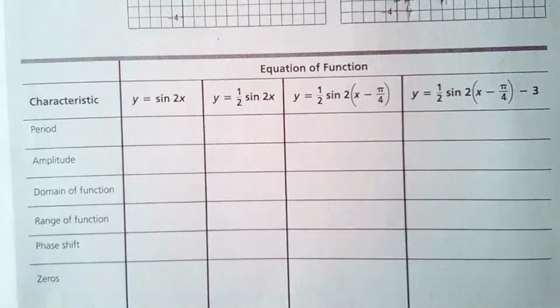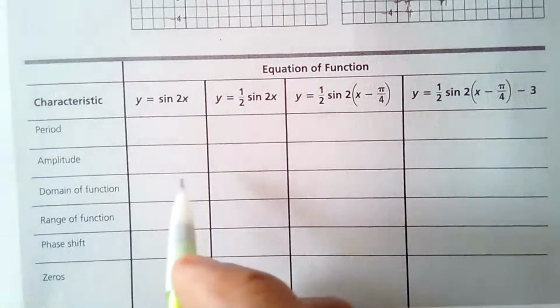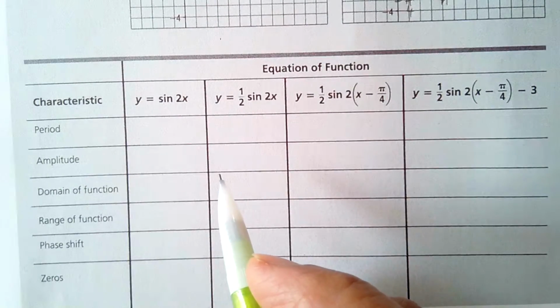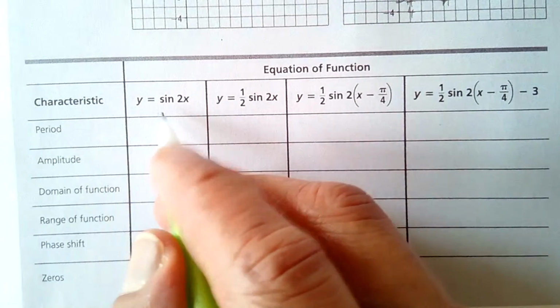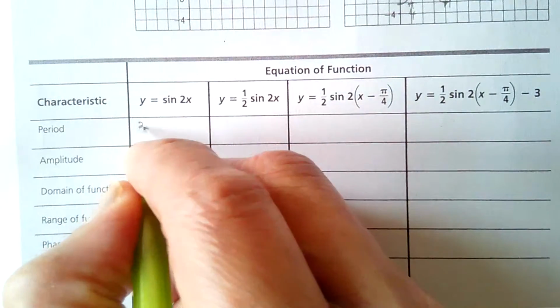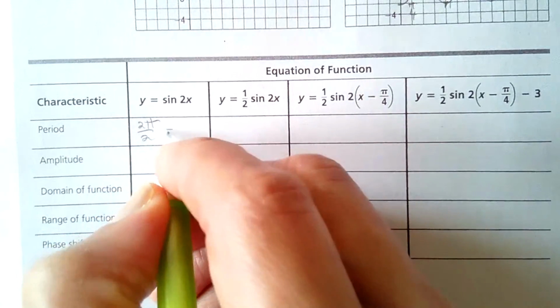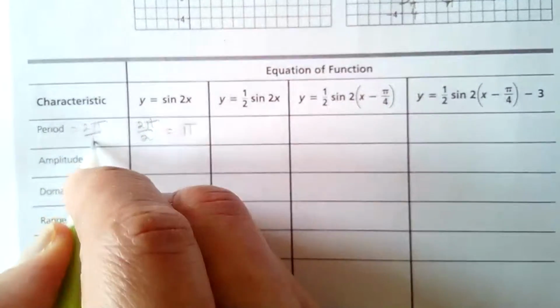So there are a few characteristics here. I just want to go over some of these here. I'll do a couple of them. The period here, if you look at this here, it's pi, because 2 pi over 2 is equal to pi. Remember, period is 2 pi over b.